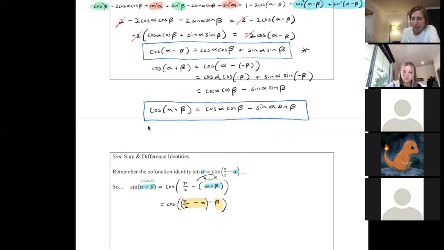This identity up here. So we would have cosine of pi over 2 minus alpha times cosine of beta plus sine of pi over 2 minus alpha times sine of beta.